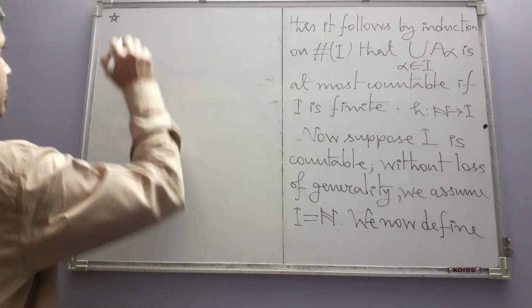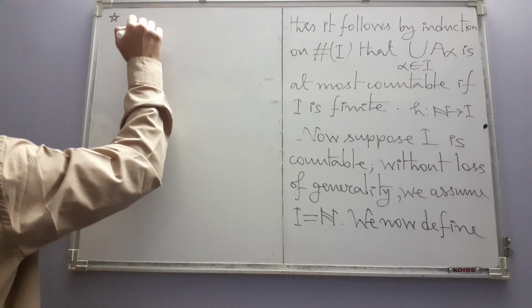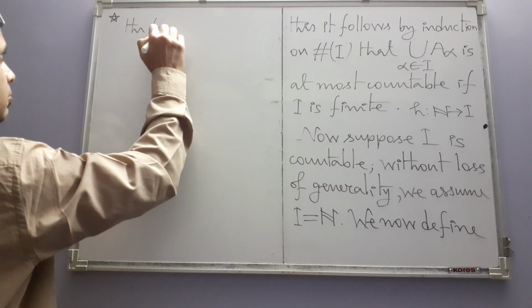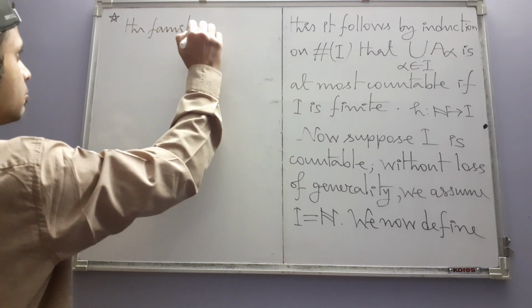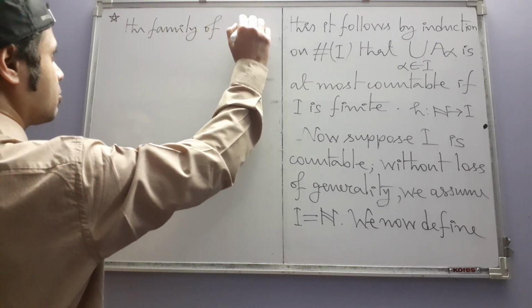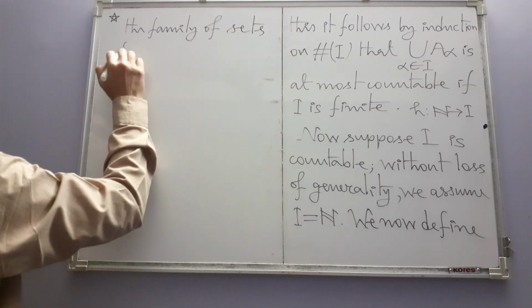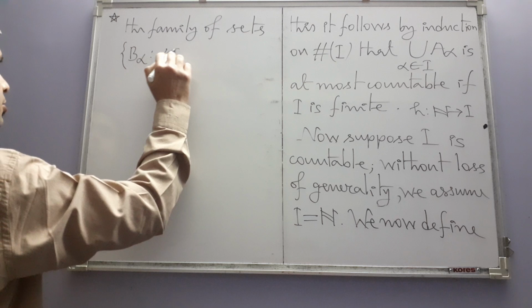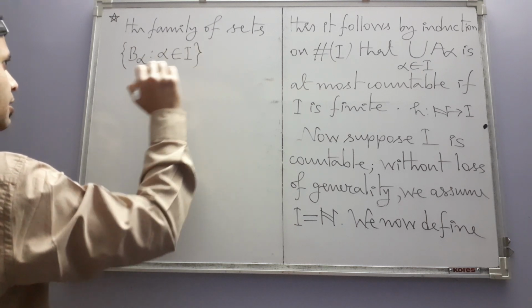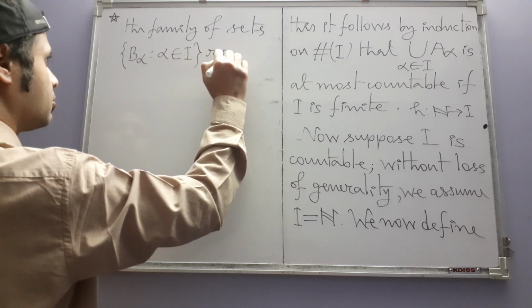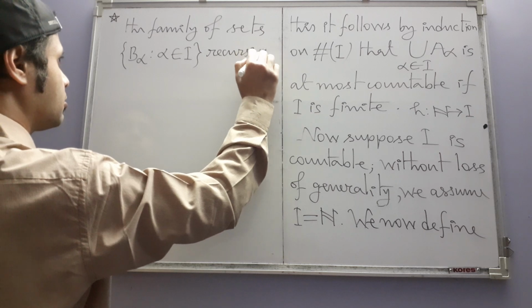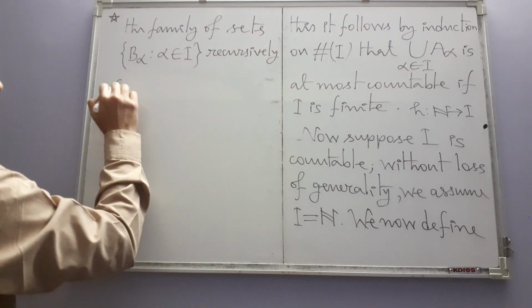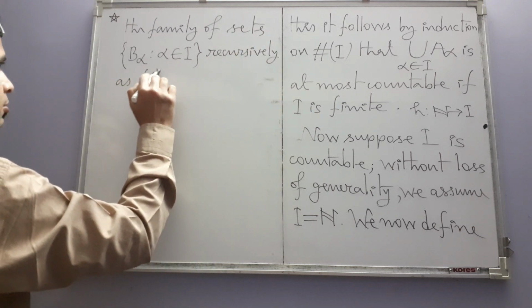We now define the family of sets B alpha, also indexed by I, recursively as follows.